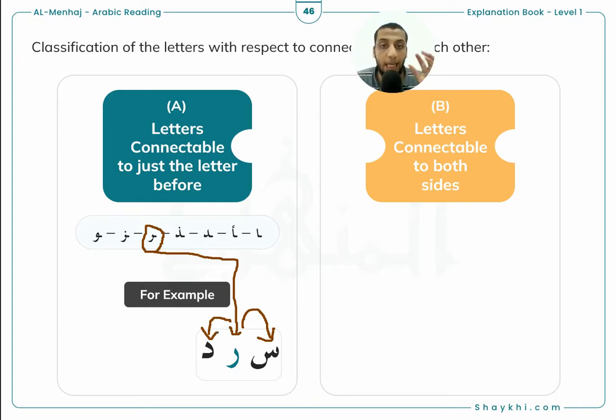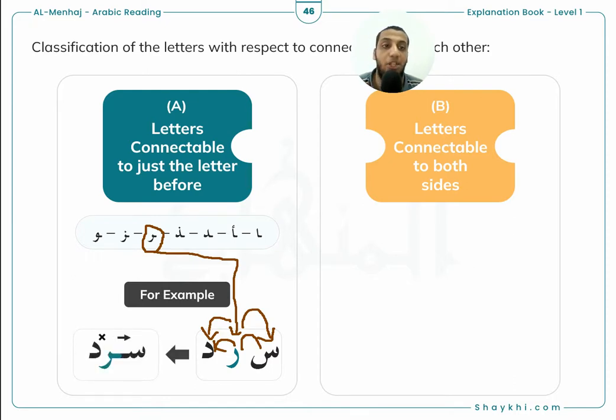The question here is whether Ra will be connected to the letter before and the letter after it, or just connected to the letter before, because we have 2 categories: connected to the letter before and the letter after it, or connected just to the letter before. There is no third option. Let's see the result.